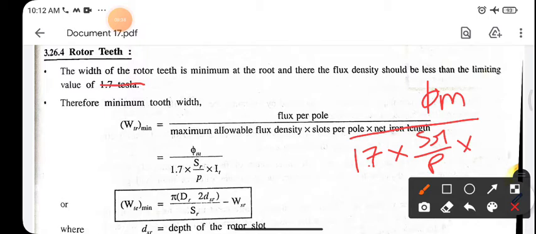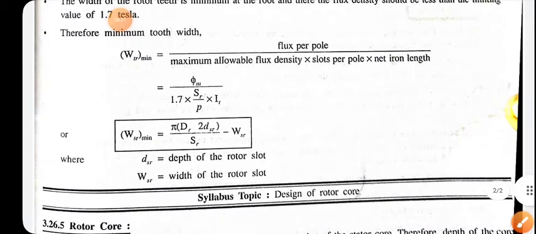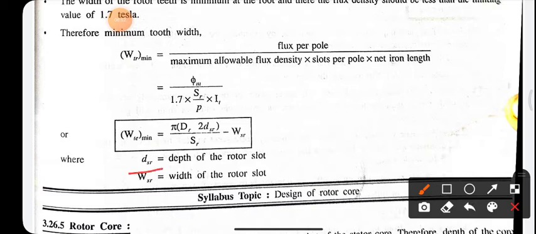Net iron length is given by Li or Lt. So this is the equation for the minimum tooth width. Also you can use the equation π(Dr − 2dsr)/SR − wsr, where dsr is the depth of the rotor slot and wsr is the width of the rotor slot.